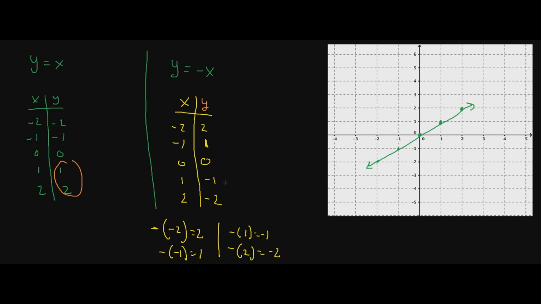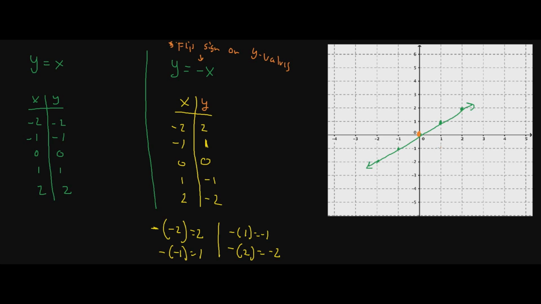Oop, I forgot my y variable there. Let me write that down. Y. Here it was 1 and 2, and now it became -1 and -2. So you see, we're taking our y values and we're essentially flipping the signs on them. That's what this negative does, is it switches, or I should say flips, the sign on y values. Okay?